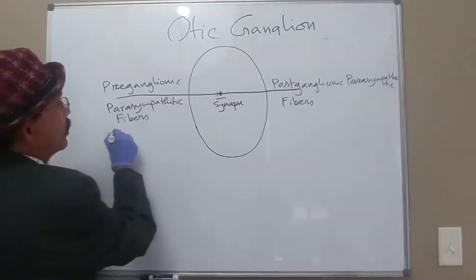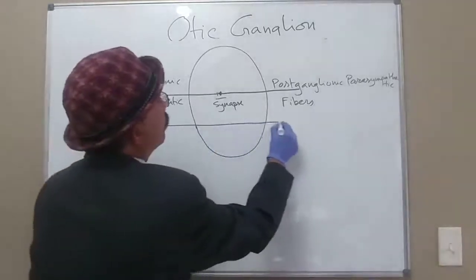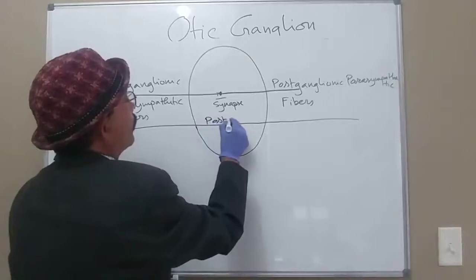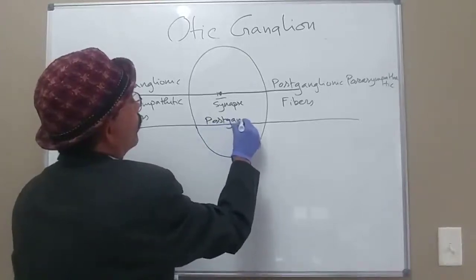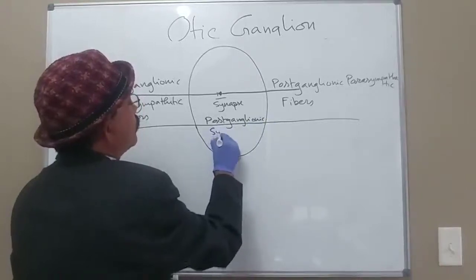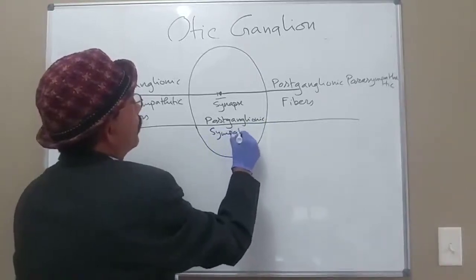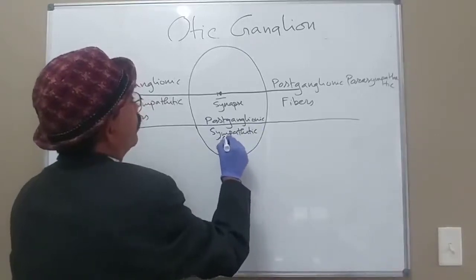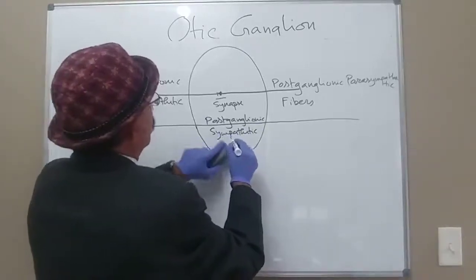How about sympathetic? No synapse, no relay. These are postganglionic sympathetic fibers.